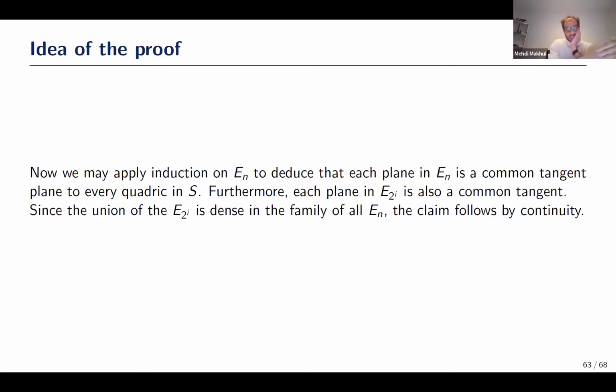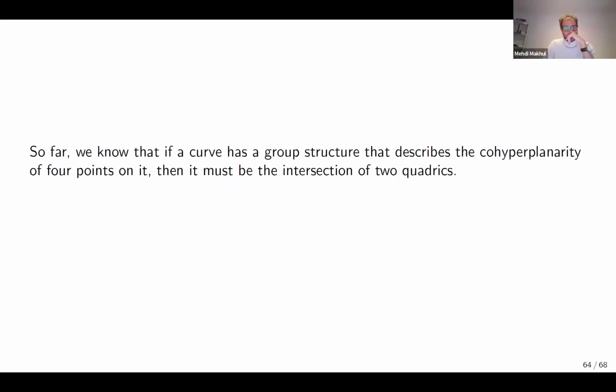And this gives me a dense subset of planes which are common tangent to every element in S. Then I can use the continuity of the plane of tangency to show that all elements in the web are common tangent to elements in S.